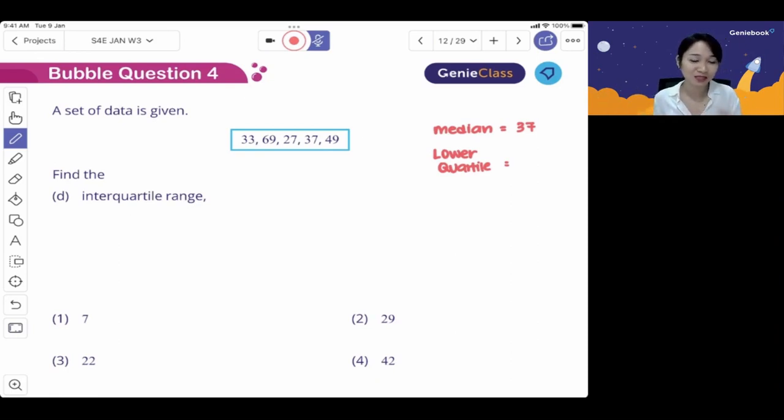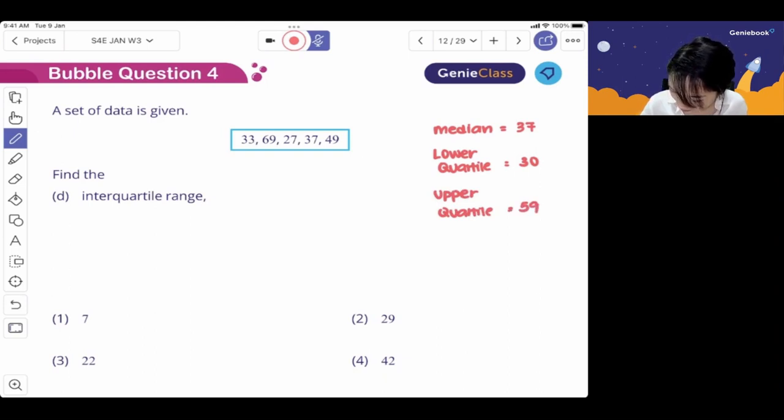LQ is just me being lazy. Don't write LQ when you're presenting your solution, because it's not a mathematically accepted term. You need to write out the term properly, lower quartile, in full words. So the lower quartile value is 30 and our upper quartile value from the previous bubble question is 59.